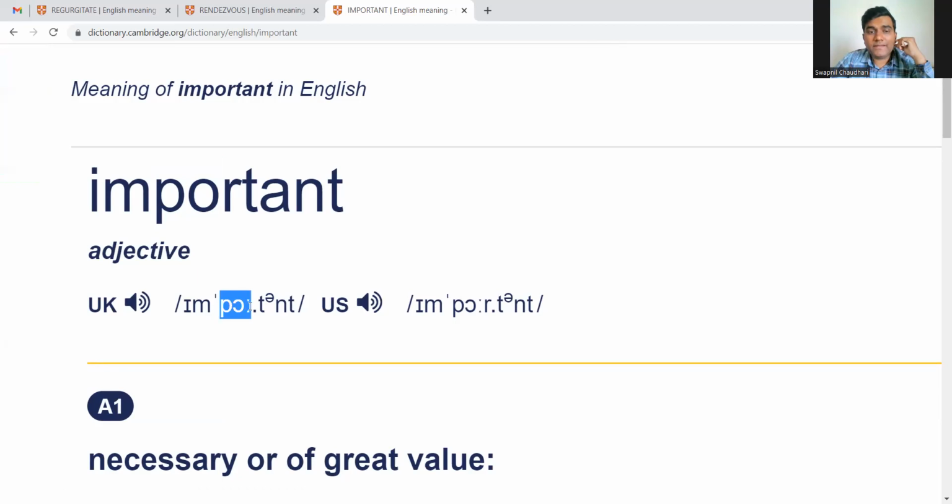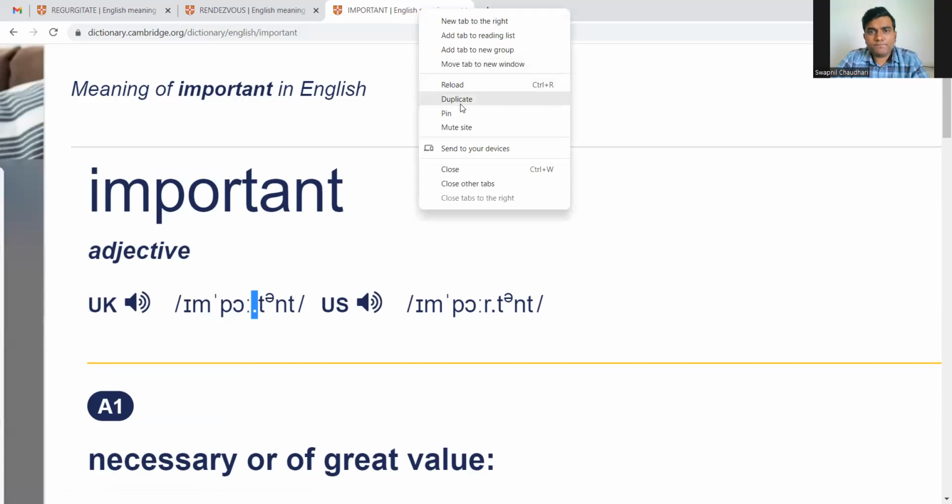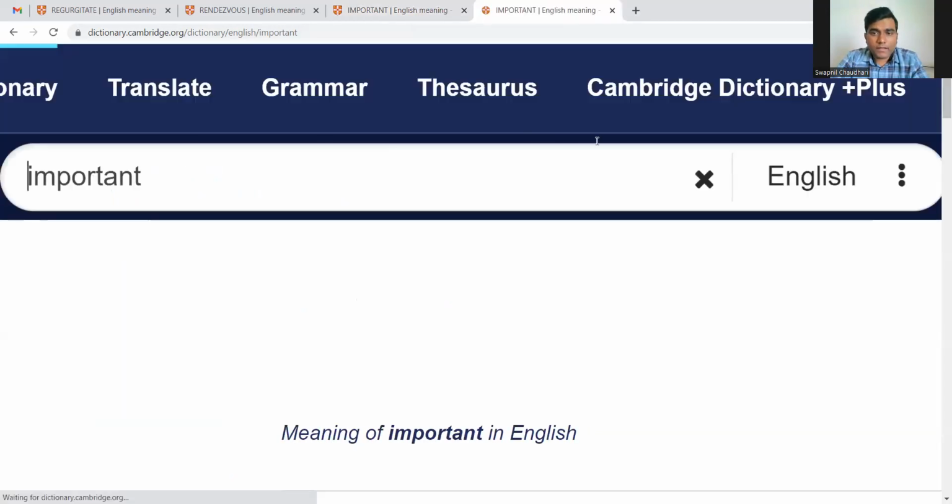The syllable right after the apostrophe takes the main stress. And with the help of this period sign, I can understand where my word is breaking down. So it's important. That's quite common, right? Maybe we should just study one last word here. Again, this is going to be a word that you know very well.